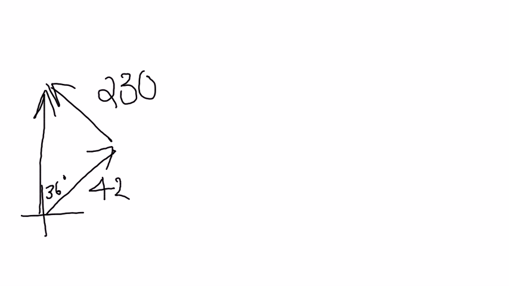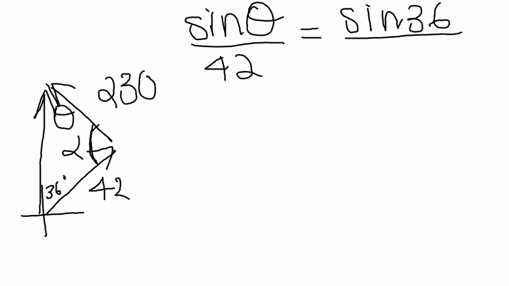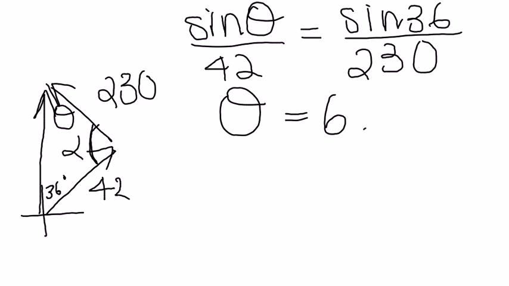First, we're going to solve for theta, which is up here, so we can find this angle here, and we'll call that alpha. So using sine law, we can solve for theta. Sine theta over 42 equals sine 36 over 230. Theta turns out to be 6.16 degrees.